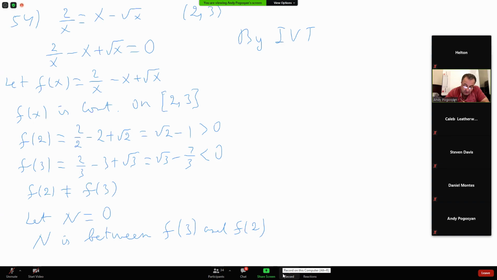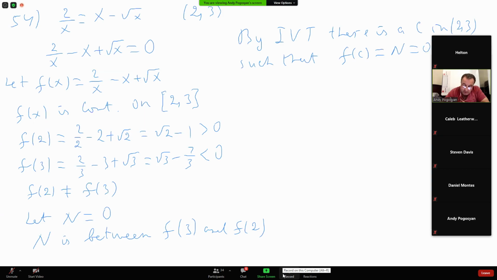By the intermediate value theorem, there is a c in 2, 3 such that f at c equals n, which is 0.